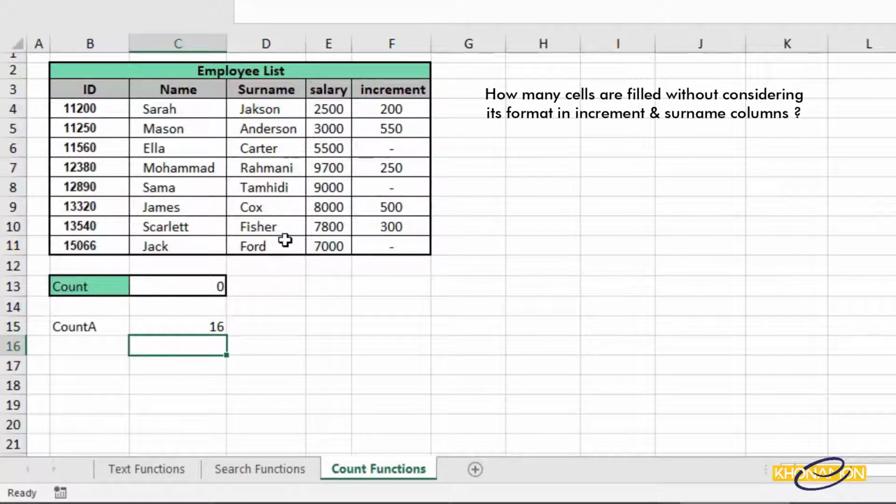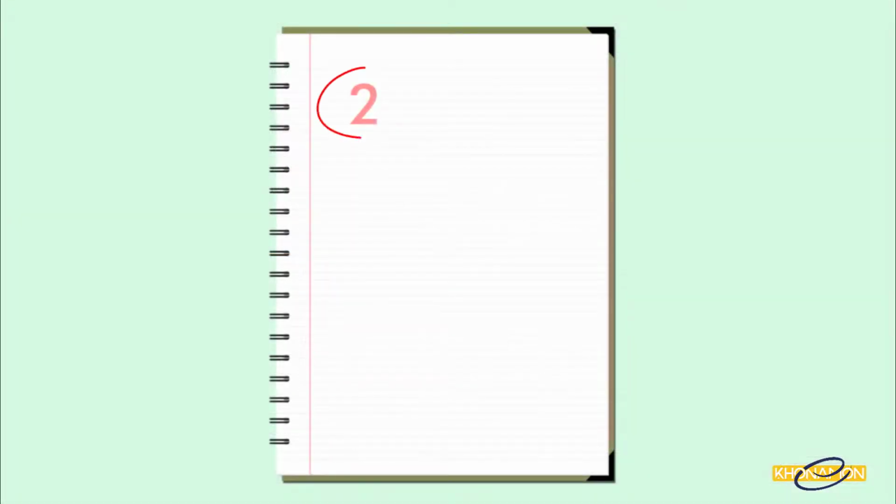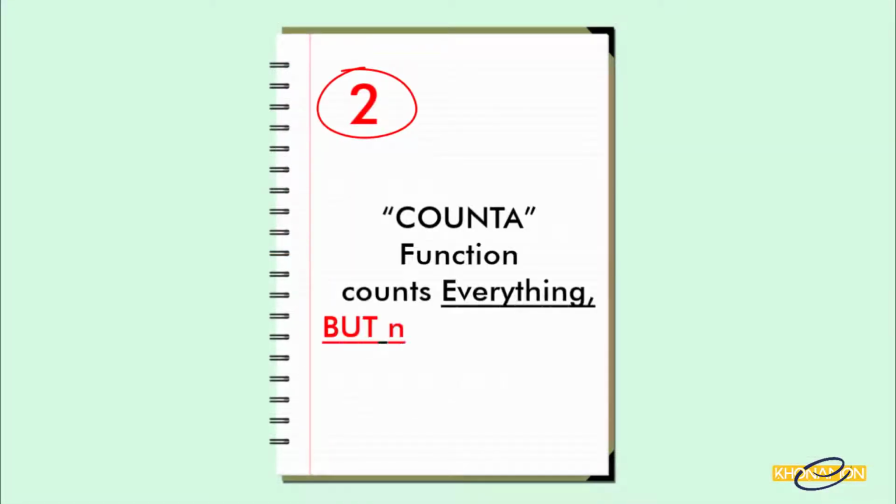The answer that COUNTA shows is 16, but we have 13 non-blank cells. As you see, the COUNTA function calculated the dash cells as non-blank. If I remove the dashes, you see it shows 13. Therefore, COUNTA counts everything except completely empty cells.